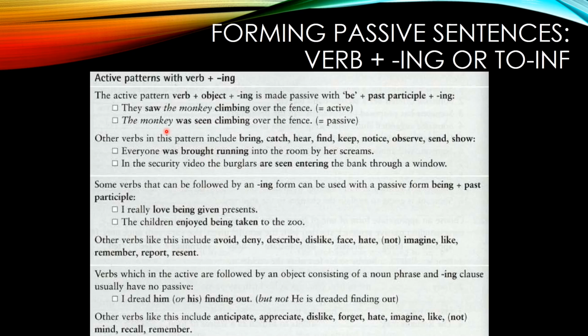In the passive voice, it will be like this: the monkey was seen climbing over the fence. As you can see, we have was, which is our be, seen, the past participle, and climbing over the fence, the ing form. That is the way we turn such sentences from active into passive.